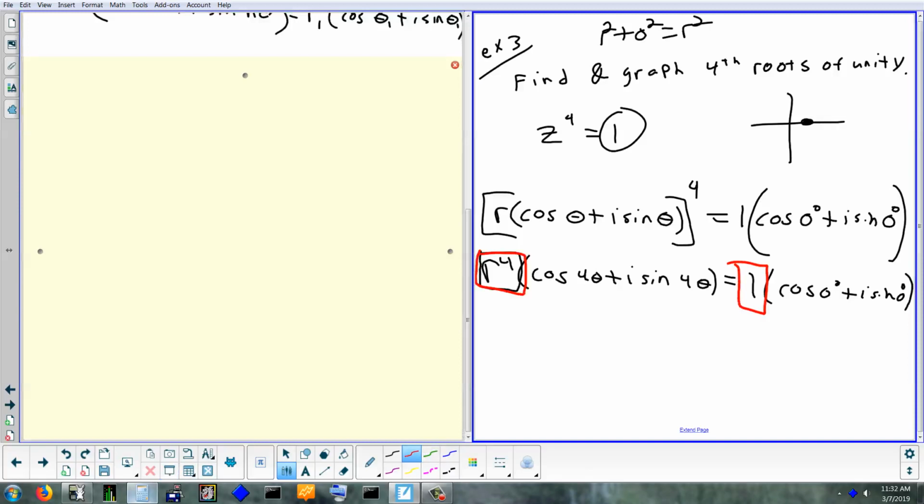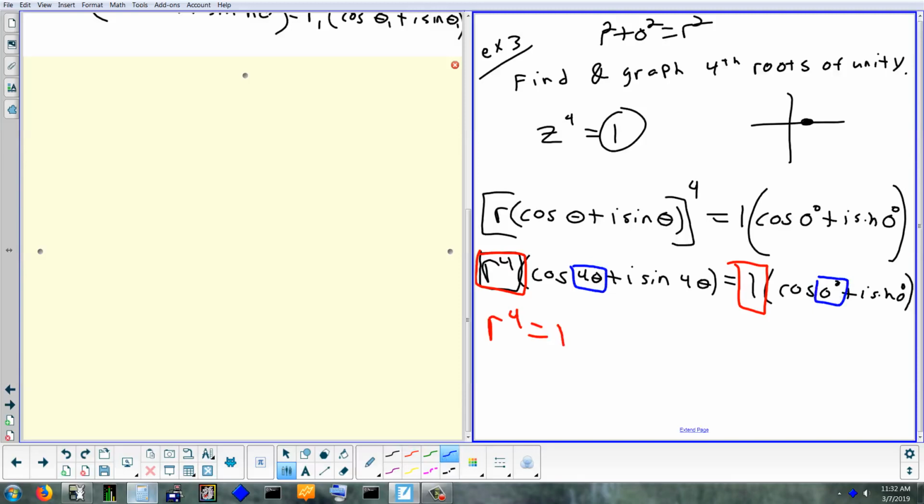Whatever the number is in front of the parentheses on the left, that has to equal the number in front of the parentheses on the right. Why? Because there's an equal sign between the left and the right, so those two things have to come out the same. And now we're going to solve that. The other thing that has to come out the same is that angle has to match that angle. Those two angles have to match.